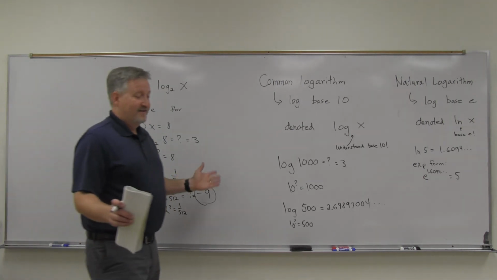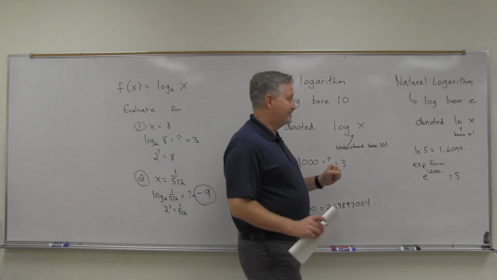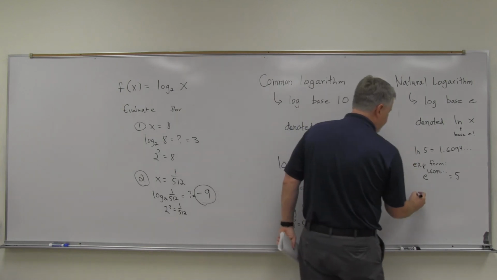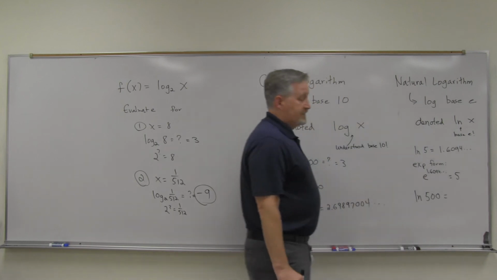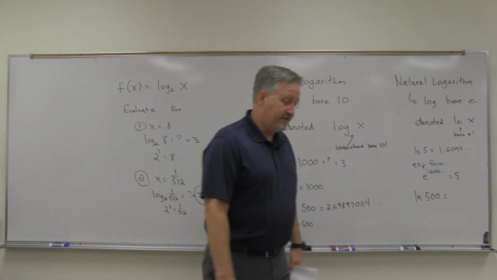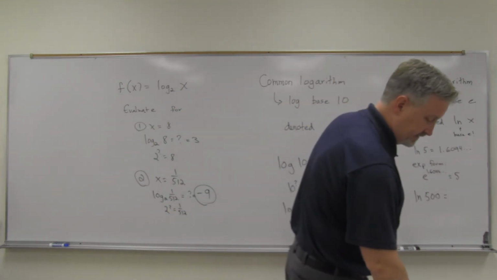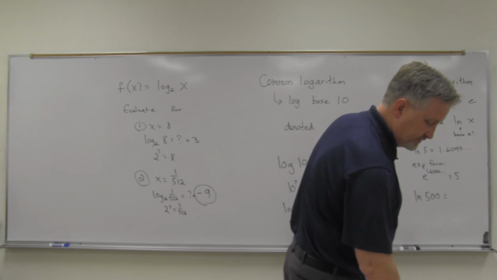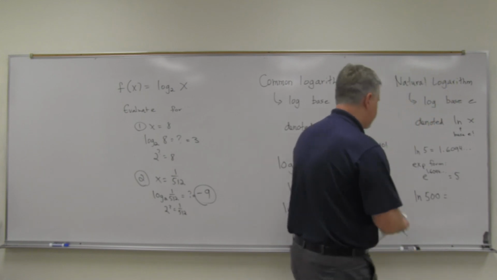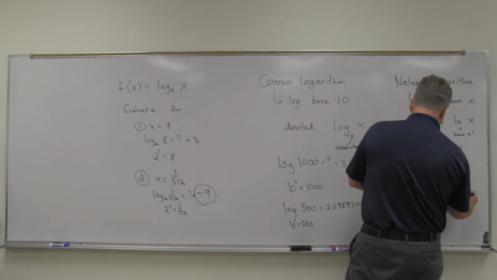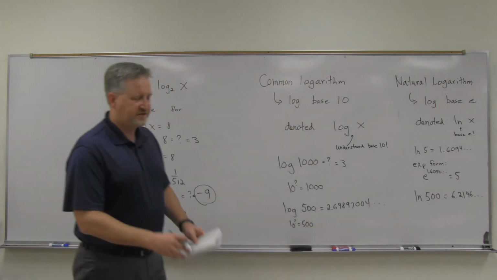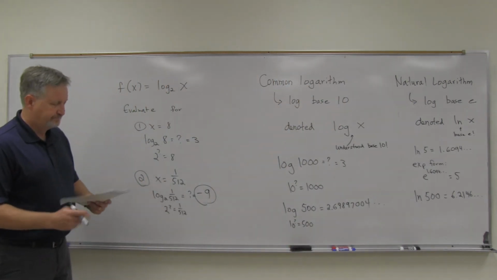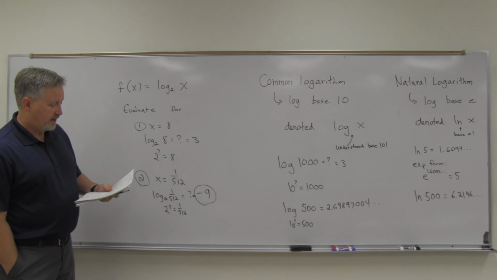That's not at all a nice number, but the calculator can do it for us, because most scientific calculators have an ln button. ln of 500, no problem. It's 6.2146, and so on. You can just punch it in and get those.